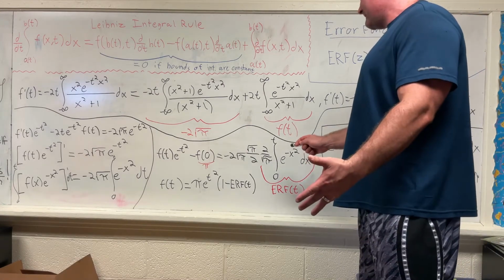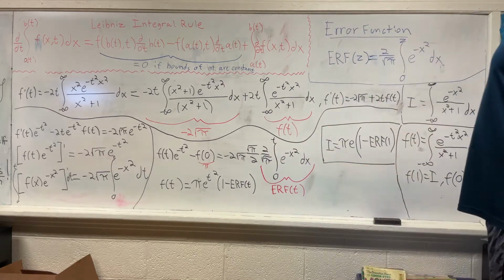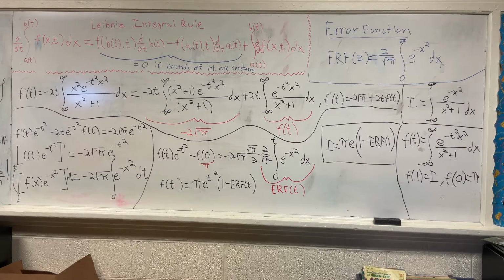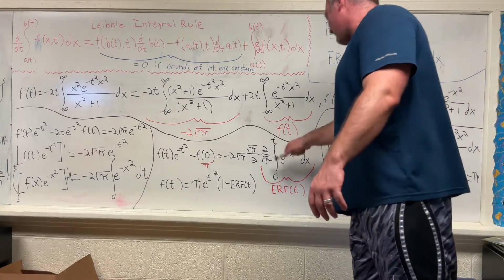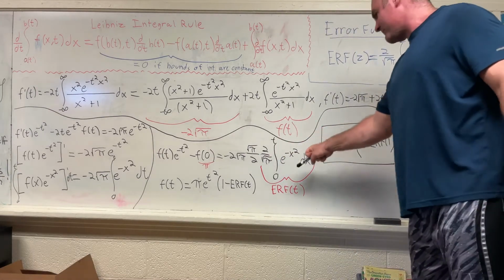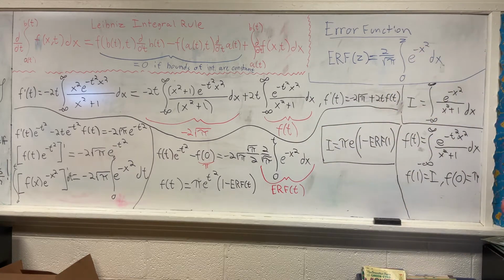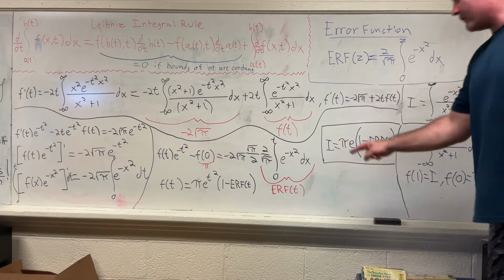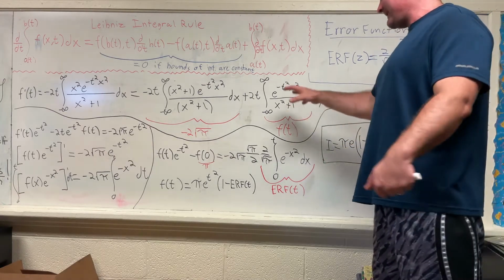So basically, I multiplied it by 1. I just did that to help you visualize what's going on, because you'll notice that 2 over the square root of pi times the integral from 0 to t of e to the negative x squared dx is simply ERF of t. And that's why I did that.